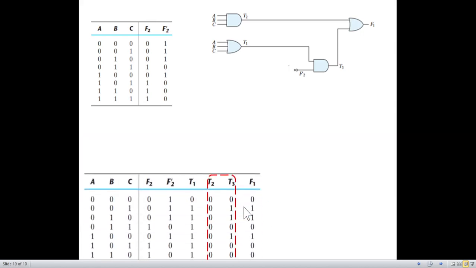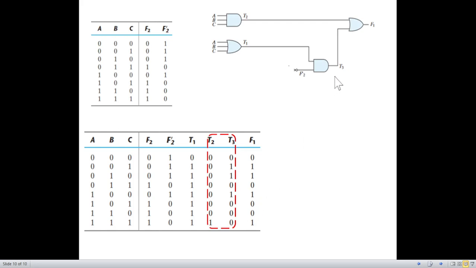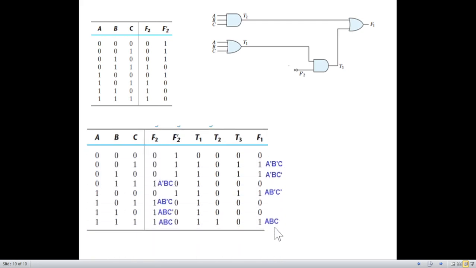And now F1 is T2 and T3 with an OR gate. So between these two, wherever there is 1, we'll have 1. So this is F1. Okay, now we have to write the equations.